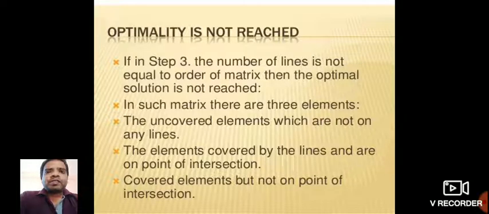The second are elements covered by the lines and on the point of intersection, where the horizontal and vertical lines cross. The third group are elements covered by the horizontal and vertical lines but not on the point of intersection.